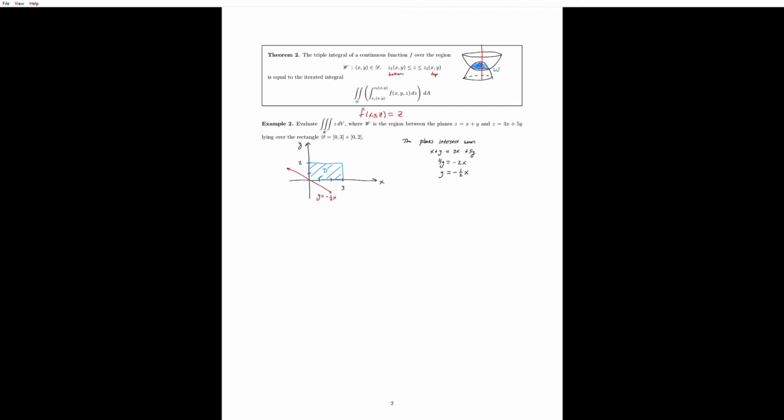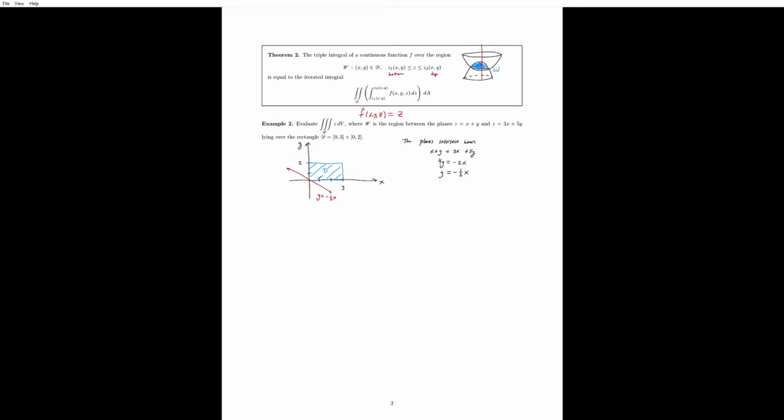And since we're only interested over this rectangle, where does this line and rectangle intersect, if they do at all? Well, only right here, at this lower left-hand corner of our region D. The planes are equal. So over here on this side, one plane is above the other.